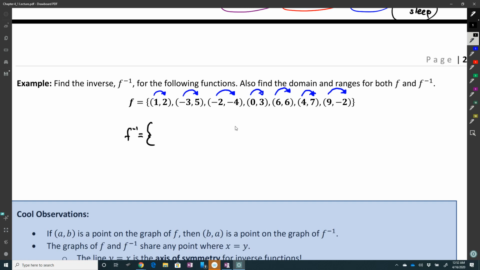And now these points, the order of the points doesn't matter. It's not like a specified order. So all this is doing is, if this is f, and if f is moving from x to y, then the inverse goes from y to x. So what my inverse is going to do is it's just going to go the other way.